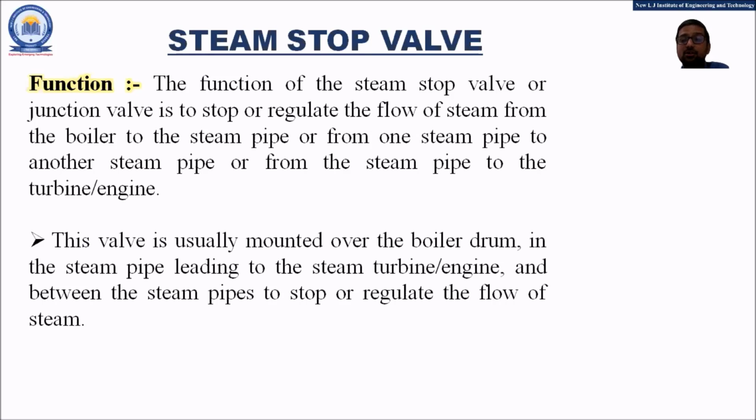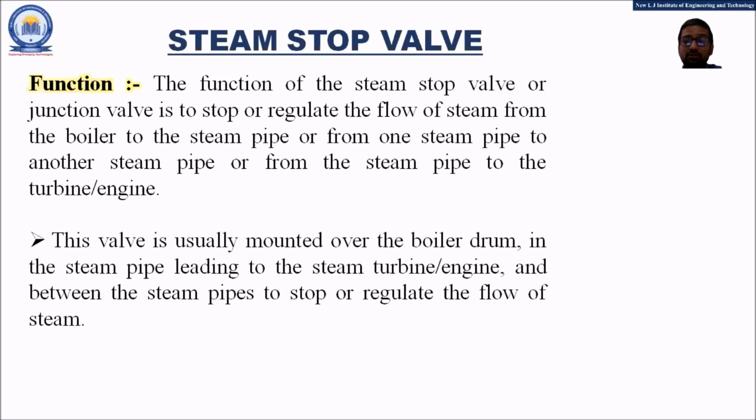This valve is used for regulating the flow of the steam from the boiler, or it regulates the flow of the steam from one steam pipe to another steam pipe. This valve is usually mounted over the boiler drum in the steam pipe leading to the steam turbine or the engine, or it is mounted between the steam pipes in order to stop or regulate the flow of the steam.